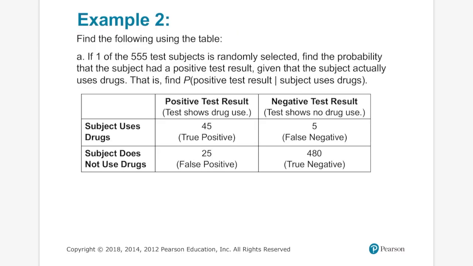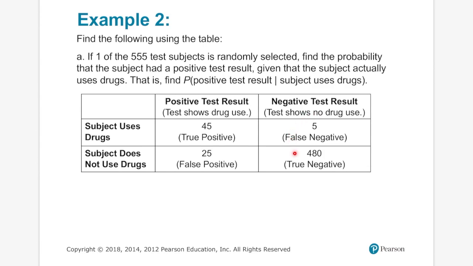Example 2. If one of the 555 test subjects is randomly selected, find the probability that the subject has a positive test result, given that the subject actually uses drugs. That is, find the probability of positive test result, given subject uses drugs. I'm given a table. The first column lists the number of people who have positive test results.